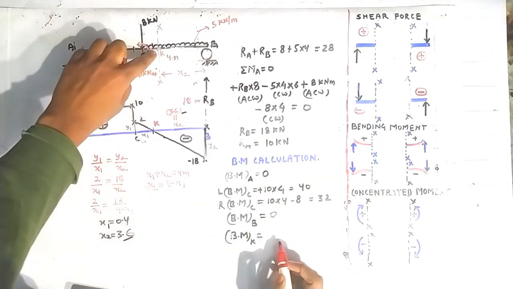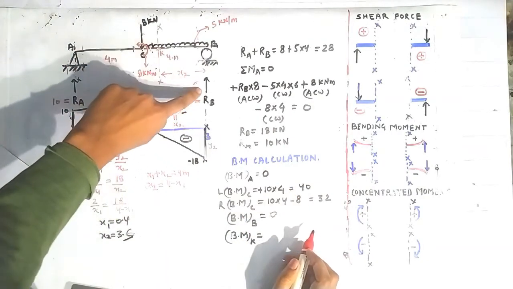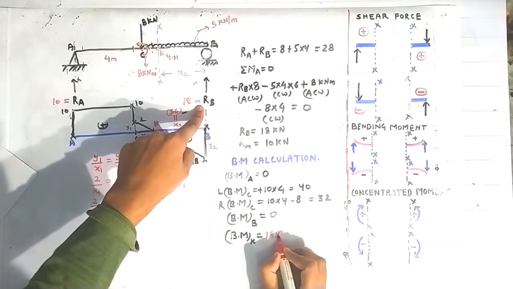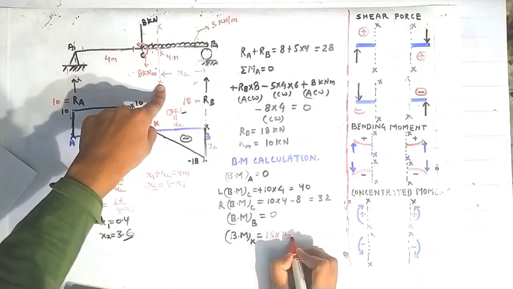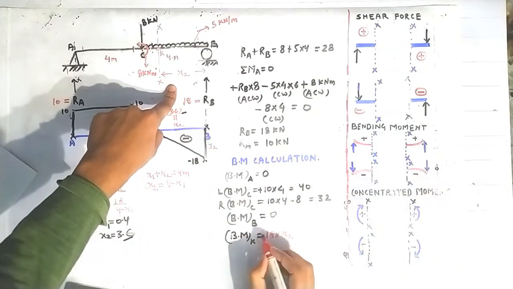The bending moment at the point K, that is at this section XX, is equal to the bending moment because of this reaction RB, having magnitude 18 and lying at a distance of x2 from this section XX. So multiplying it with x2, and it will create a sagging bending moment using this sign convention, so taking positive.